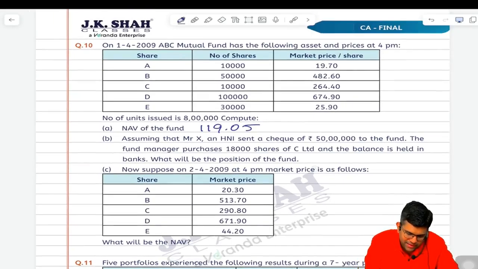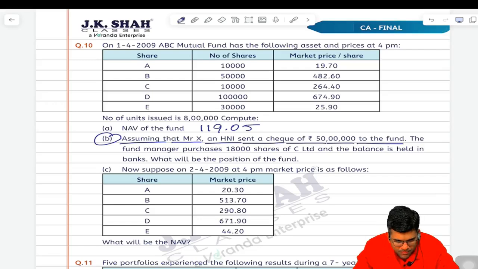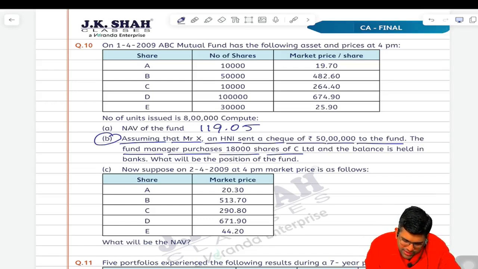They are saying, assume that Mr. X, an HNI, sent a check of 50 lakh to the fund. The fund manager purchases 18,000 shares of C and the balance is held in the bank. What will be the position of the fund?